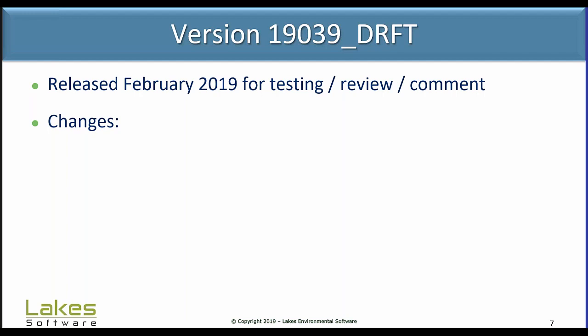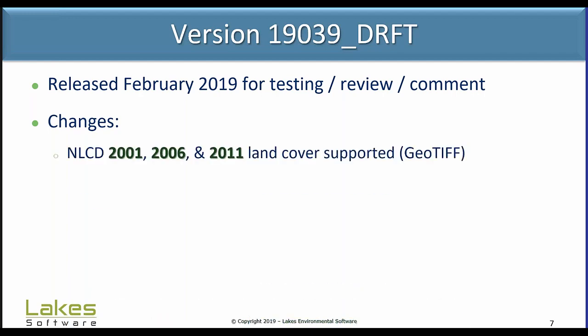And it incorporated a number of long-planned changes to AERSURFACE, the most important of which is that instead of just the 1992 data, you can now use 2001, 2006, and 2011 land cover data in GeoTIFF format. This expands the capabilities of AERSURFACE far beyond the original, not just because it brings newer, more representative land cover data into use, but it also expands the spatial extent into Alaska, Hawaii, and Puerto Rico.